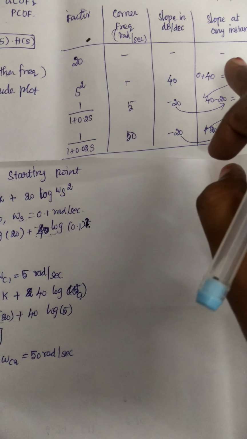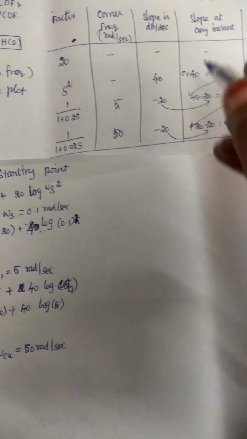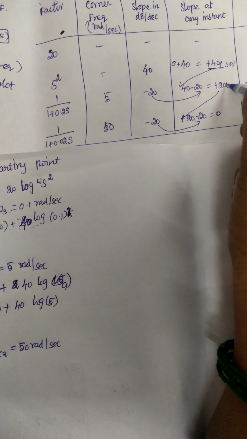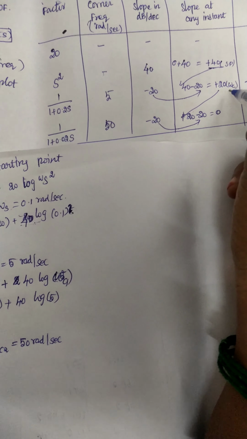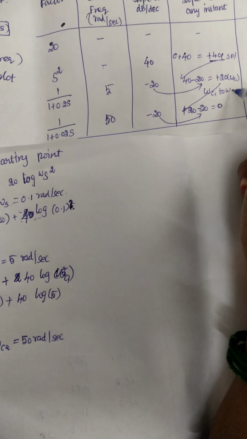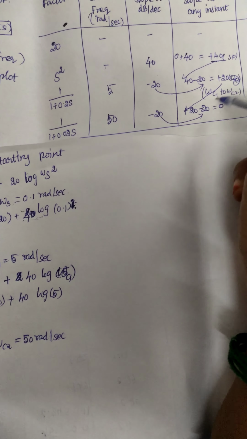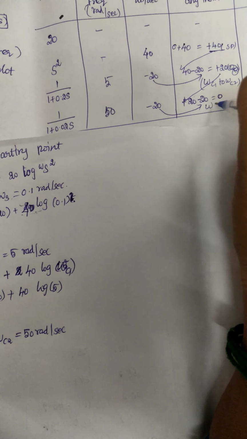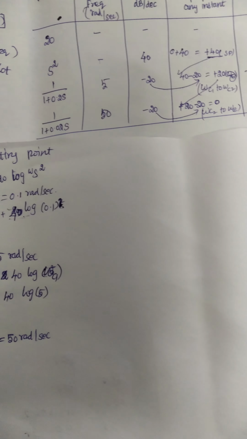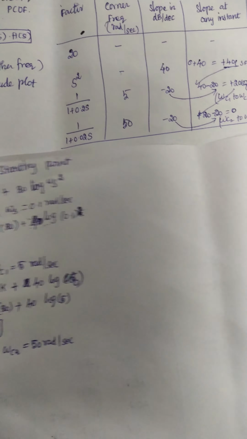So let me take this is for the starting point, this is for your omega c1 value, this is omega c1 to omega c2, then omega c2 to end point. So we are using the formula here.